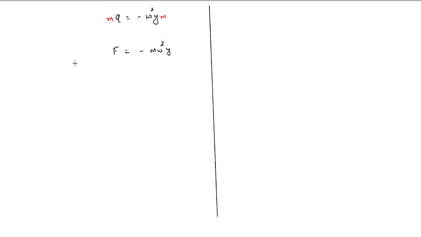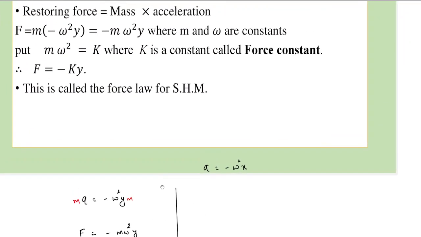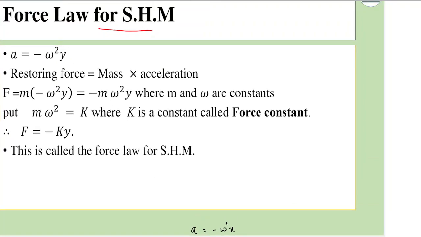Therefore, we can write F is equal to a constant, which is minus k into y. This k is a constant, and k is equal to m into omega square. This k is called the force constant.